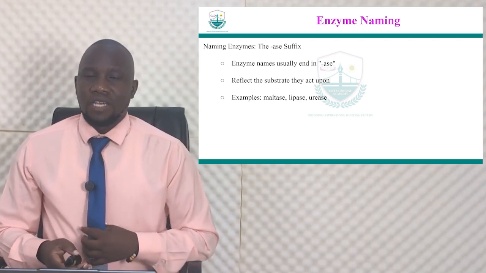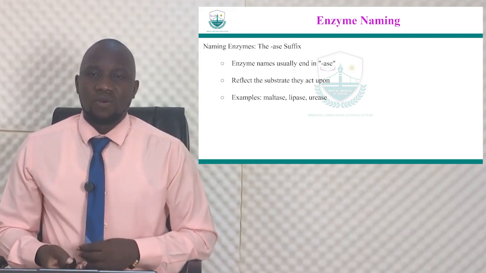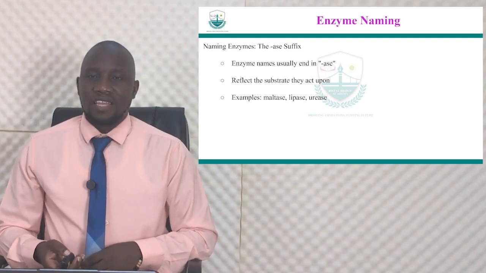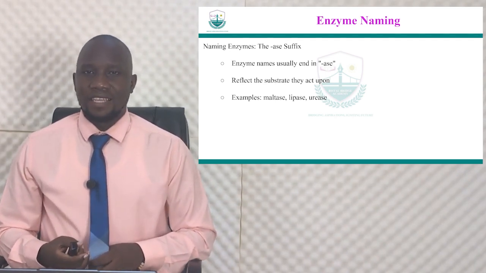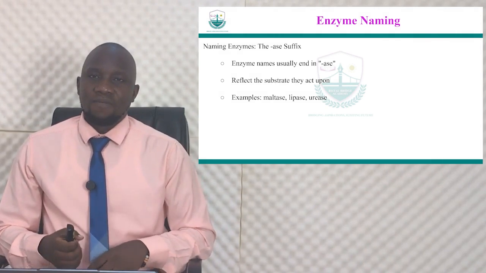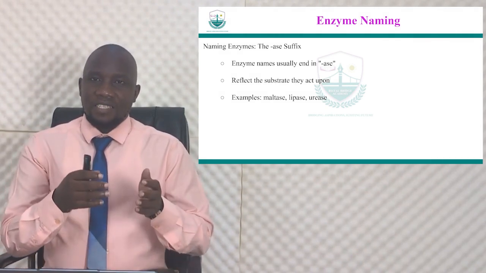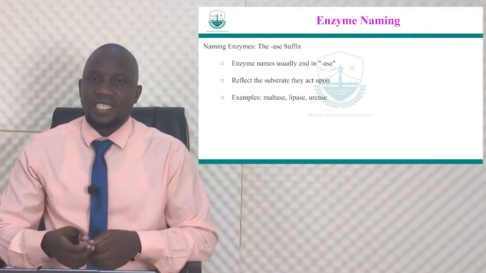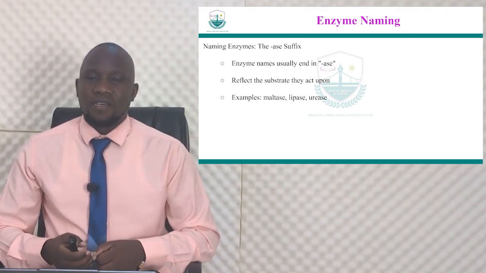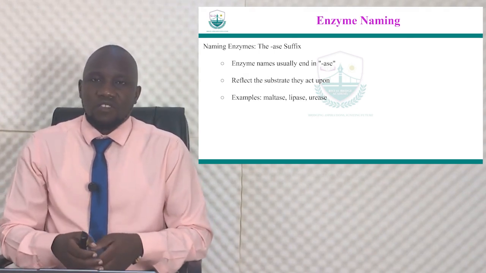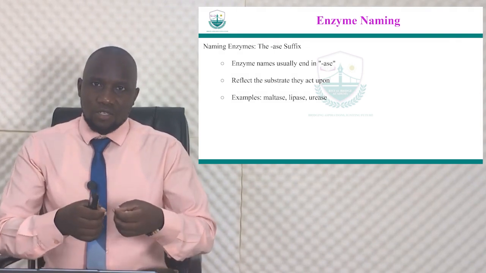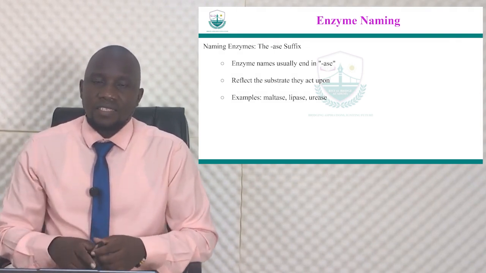Okay, so for example, you can have an enzyme called ATP synthetase. ATP synthetase. So that means that it is an enzyme that helps in synthesizing ATP. Okay, and also, for example, when we say lactase, lactose, and then the enzyme part.